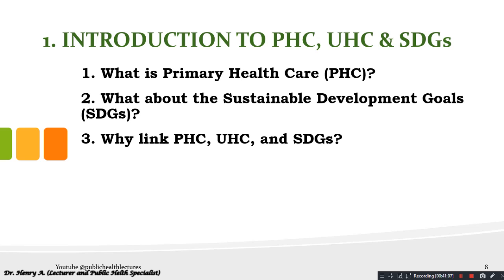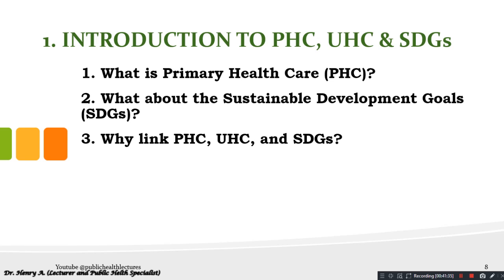Now look at the continuum this way. Again, another illustration. PHC gives the principles. And what are the principles? Fair access to healthcare, financial protection for all to be able to access healthcare, and service coverage to be able to get all the services as obtainable in the primary healthcare.